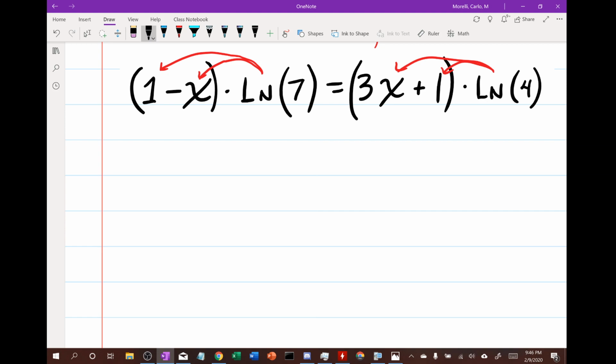Okay, so what they wanted us to do was 1 times ln of 7 minus 7 times the ln, minus x times the ln of 7.